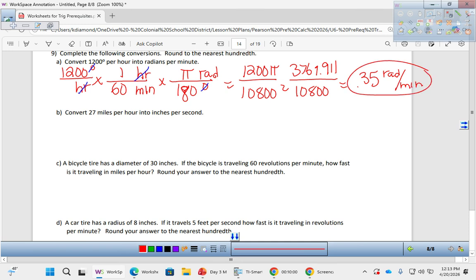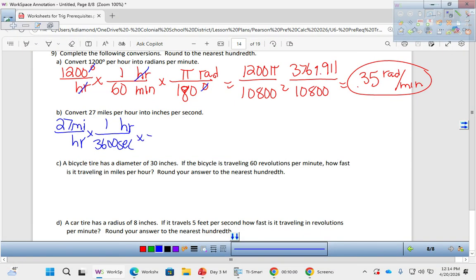All right, 27 miles per hour into inches per second. So I want to get the hours to become seconds. You might have to do hours to minutes and then minutes to seconds, but I actually know that 1 hour is 3,600 seconds. That's going to cancel out the hours.